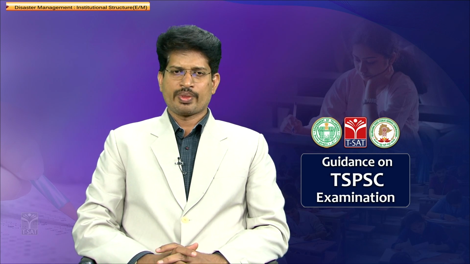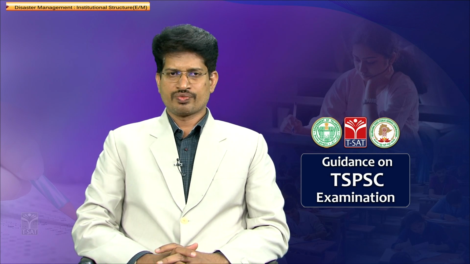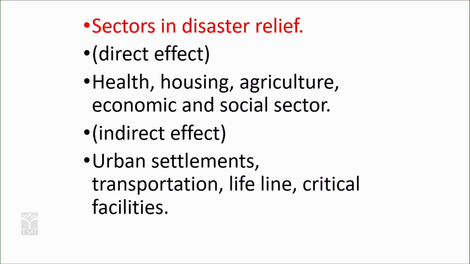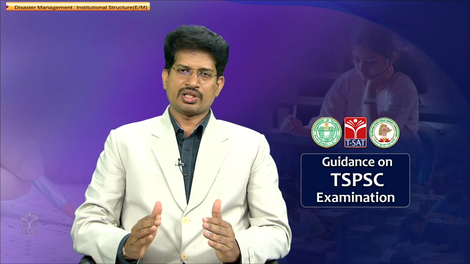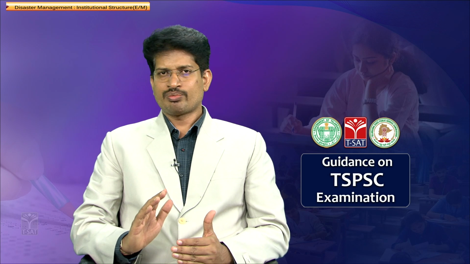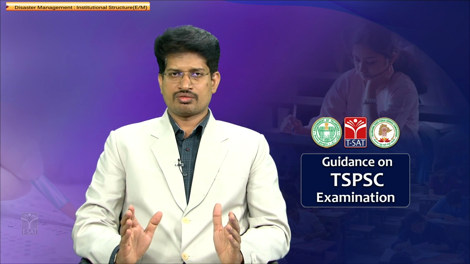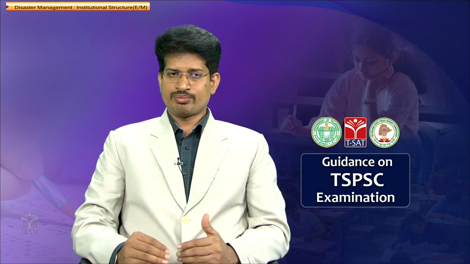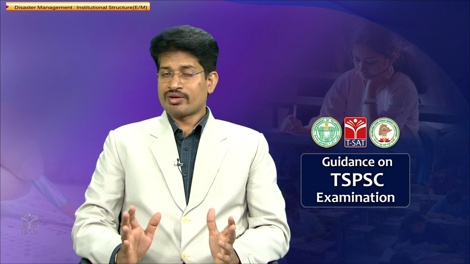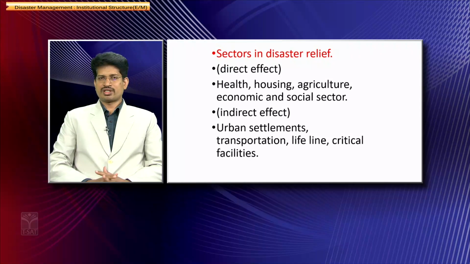Apart from this, in the case of urban settlements, for example, there is indirect impact in terms of transportation, lifelines like power or hospitals or critical facilities. When they are impacted, indirectly we get impacted, but to an extent we will be able to survive for some days without this. But with directly impacting sectors, survival itself becomes a question. That is the fundamental difference between direct and indirect sectors.